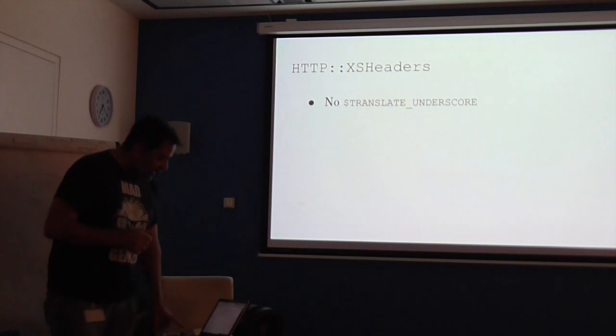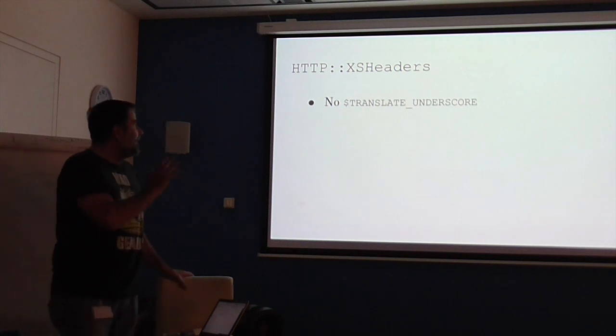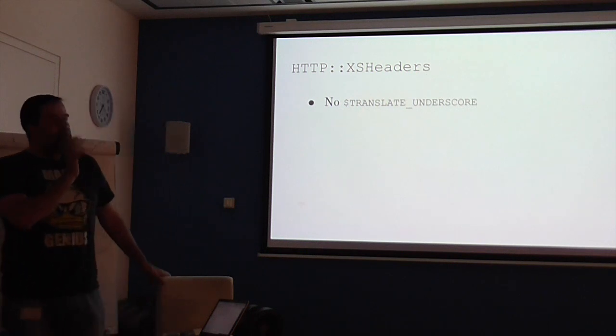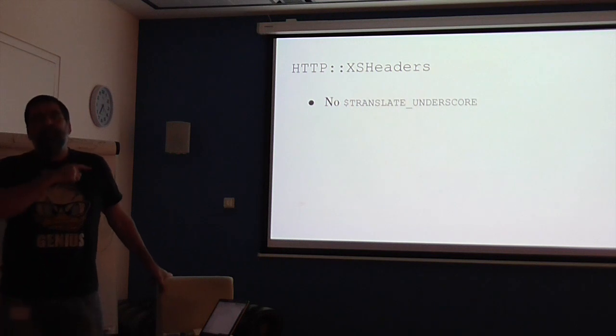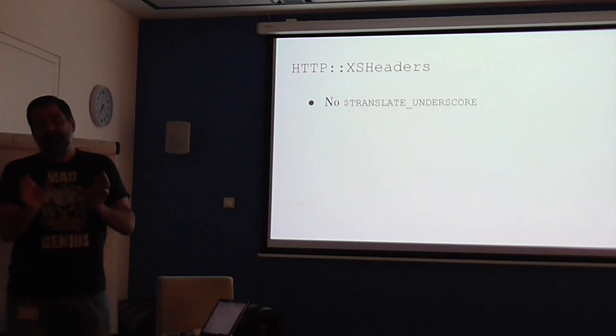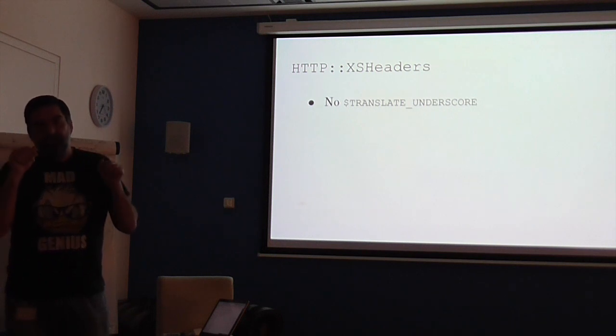So a couple of the things we left behind, we don't have support for that. The thing there, the translate underscore, is because usually HTTP headers separate words with dashes. But if you use a dash in a hash key name in Perl, you have to use quotes.